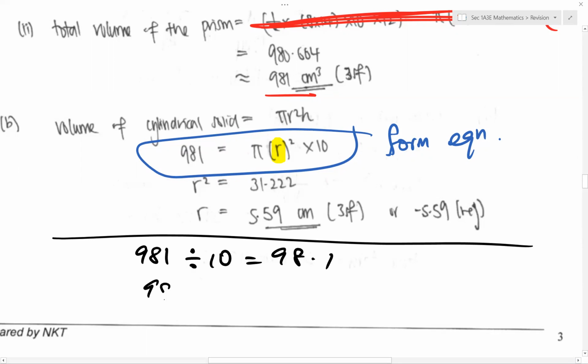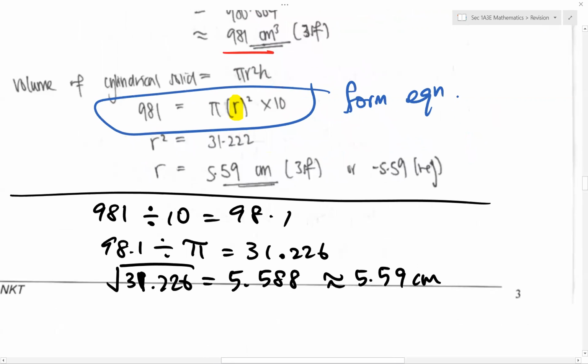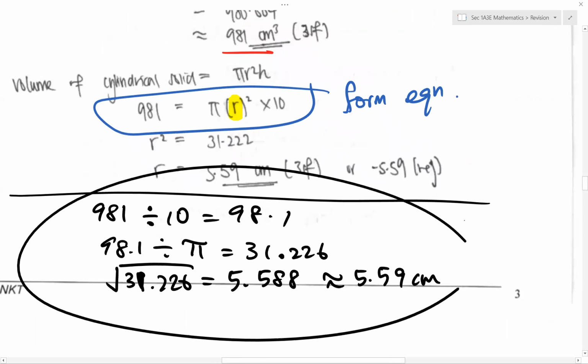Then 98.1 divided by pi equals 31.226, then square root of 31.226, you get 5.588. Then you round it off to become 5.59 cm. Then you ask your friends who always get A1 for maths, what do you get for radius? 5.59. Wow, happy. Then when I see this, I give you 0 because I don't know what you're doing.